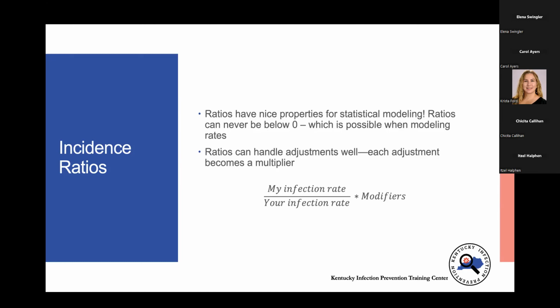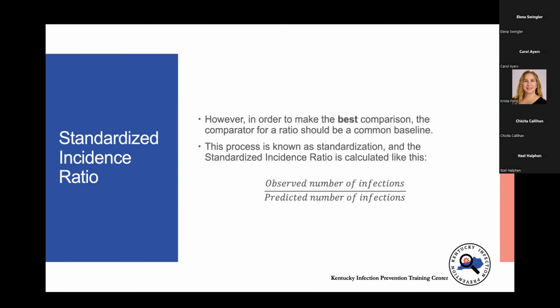So you can compare a little more directly by using a rate ratio. However, to make the best comparison, you should usually have a common baseline, because otherwise you would have to make a pairwise comparison for every single rate ratio that you make.